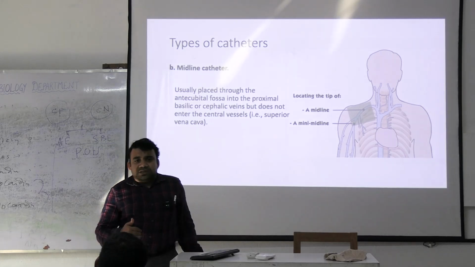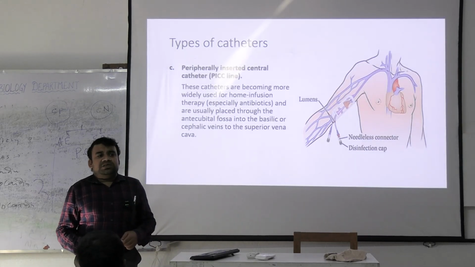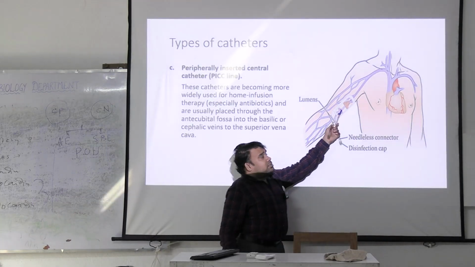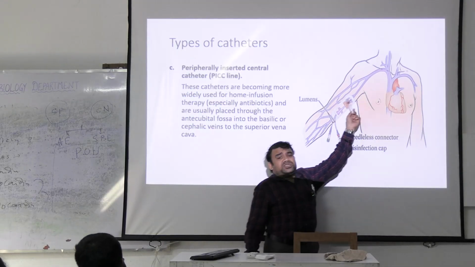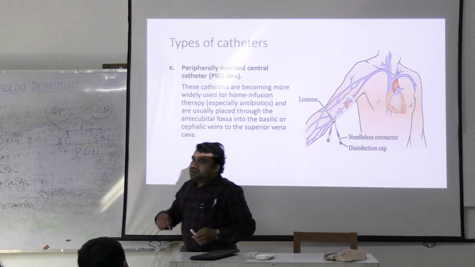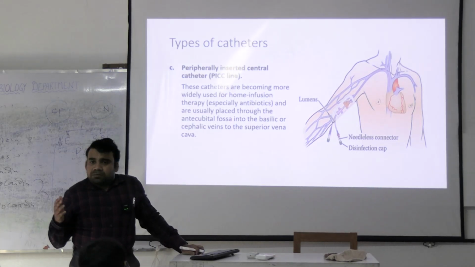To circumvent this, we can put what is called a peripherally inserted central catheter. That means the catheter is put in, say, over here, and stretched directly into the vena cava. So we can monitor like a central line, but the chances of infection are much less.